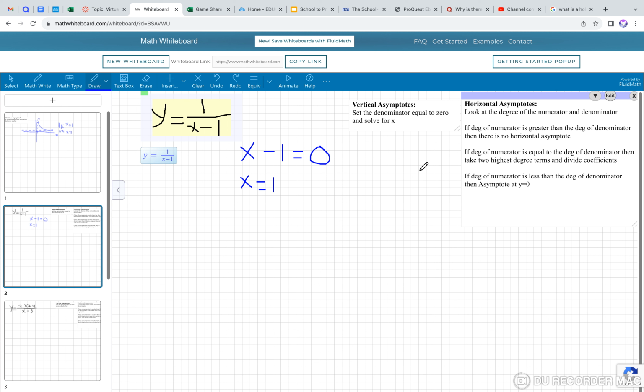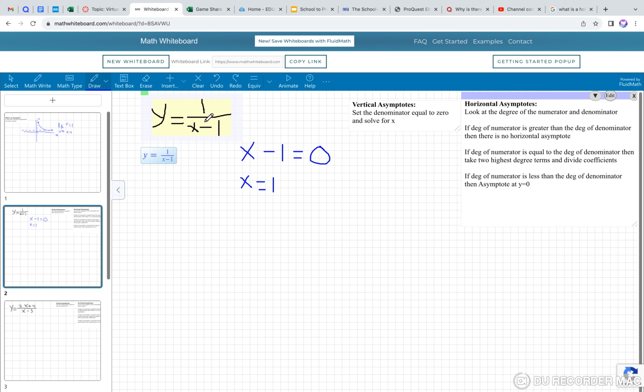Now we look at horizontal asymptotes. To find them, we just need to look at the degree of the numerator and the denominator. The degree of the numerator is 0 because there are no x terms, and the degree of the denominator is 1. We don't see a 1 here, but x is equal to x to the 1.